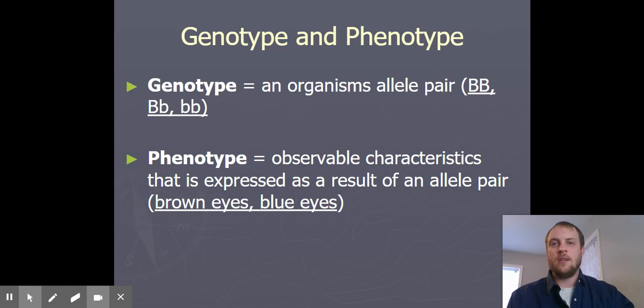The way I try to differentiate these two is that genotype is talking about the genes, so we look at the letters that we have. Phenotype, think of physical appearance. What would we physically see based off of the genotype? So genotype, think about the genes, the different alleles. Phenotype, think about the physical appearance. What would we see?